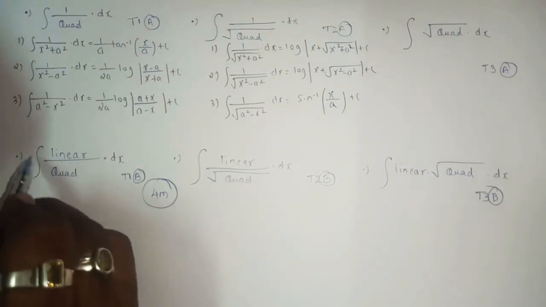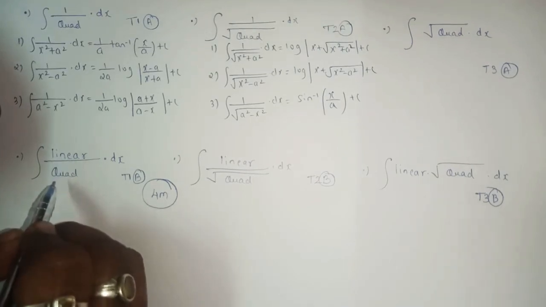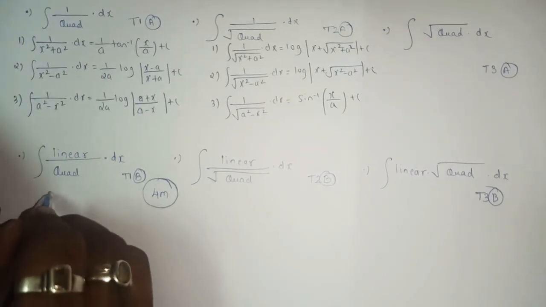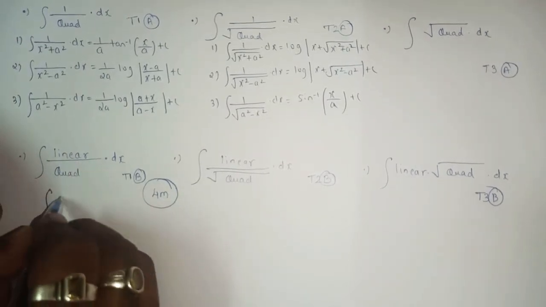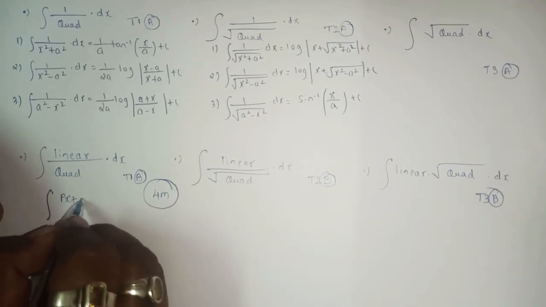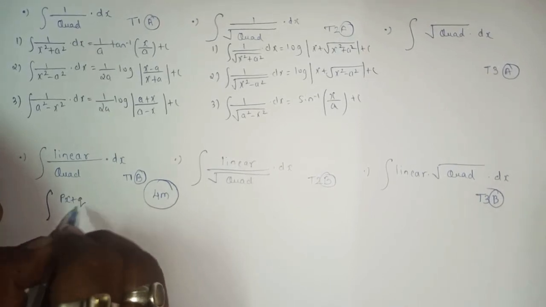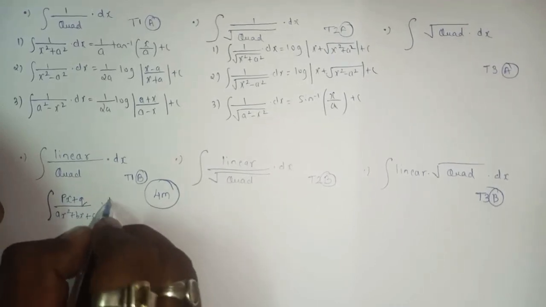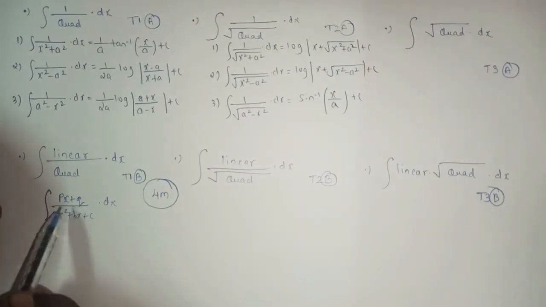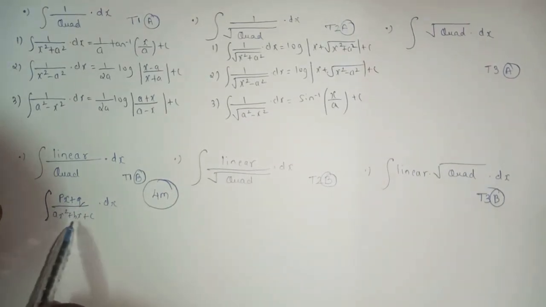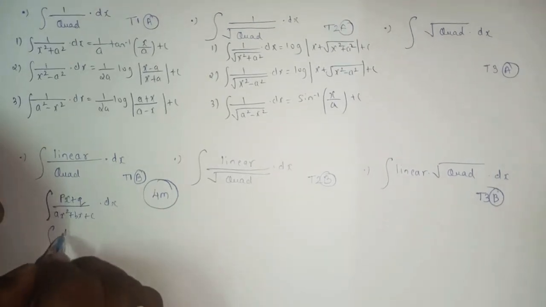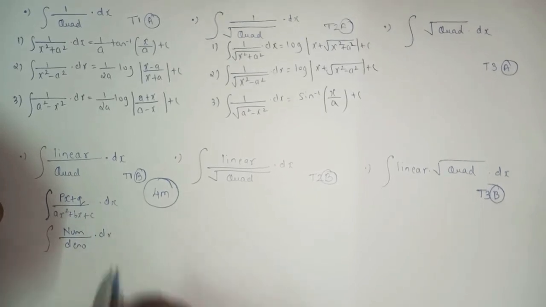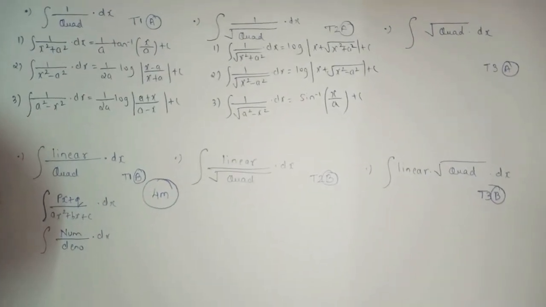Remember this format as linear upon quadratic. Or else you can remember this as linear, which we can write as px plus q, and quadratic as ax square plus bx plus c, into dx. This is a linear form and this is a quadratic form. Or else you can remember this format as numerator upon denominator. It is up to you how to remember the format.